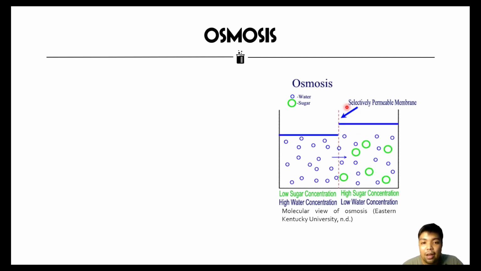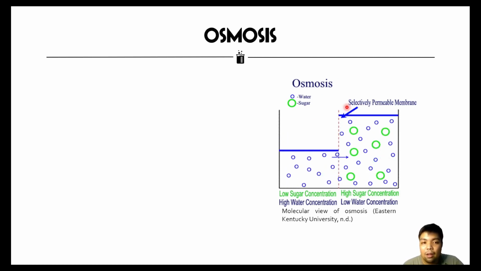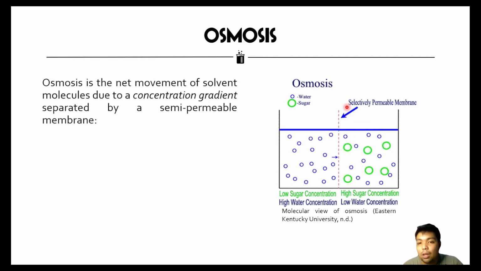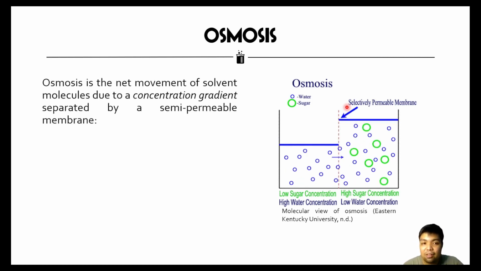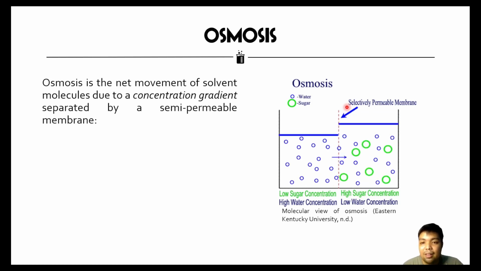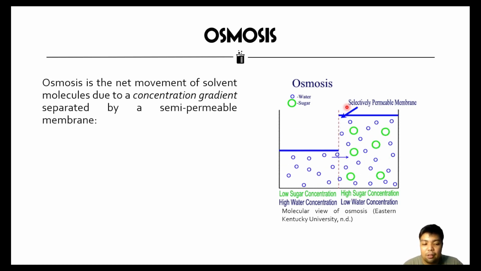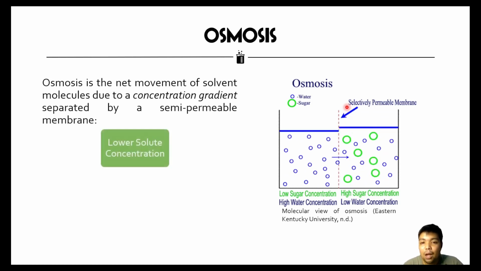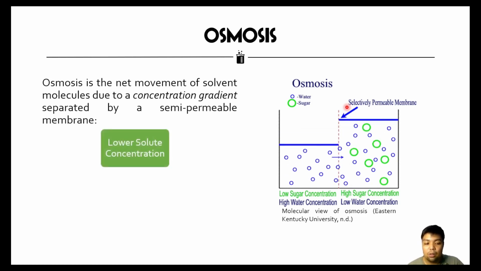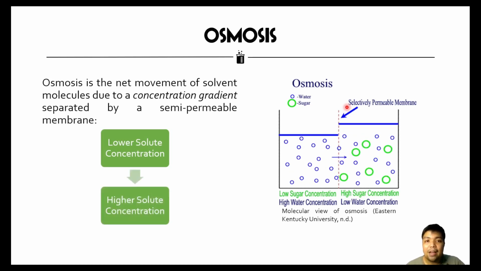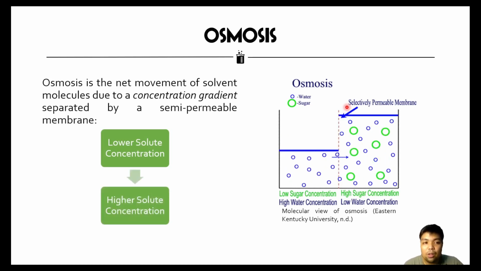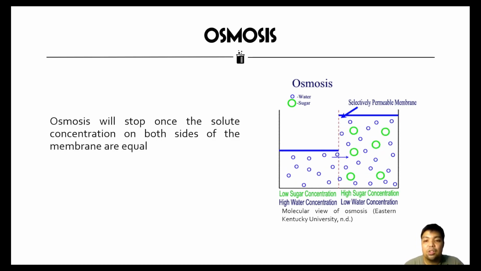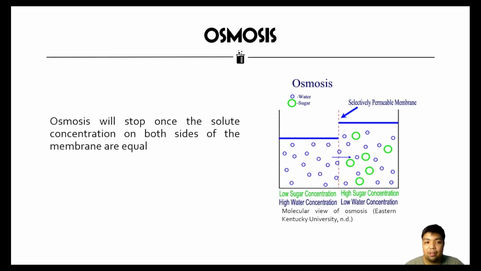That phenomenon, or that net movement of water molecules or solvent molecules, is what we call osmosis. So remember that in osmosis, the movement of your solvent molecules will be from a lower concentration of solute to a higher concentration of solute, and will only stop once that concentration gradient has been addressed.